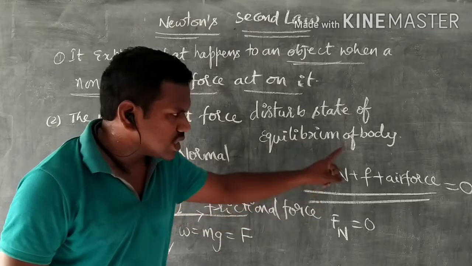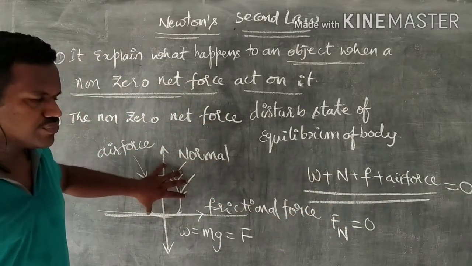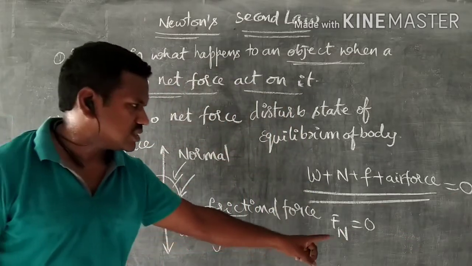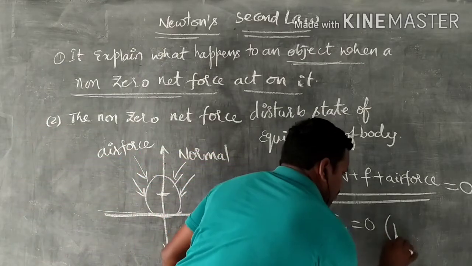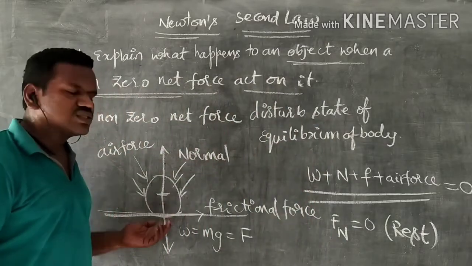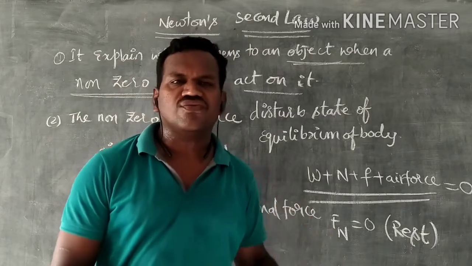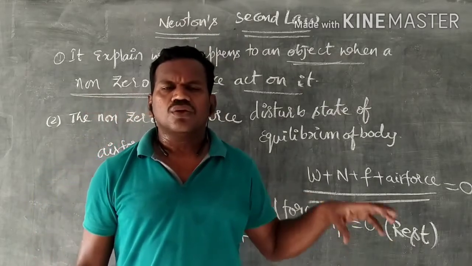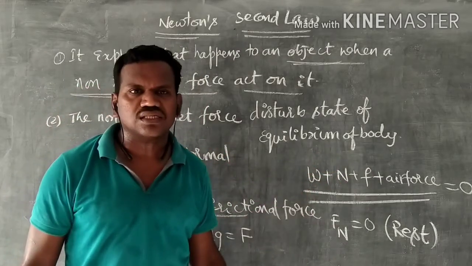If the total of the forces acting on the body is equal to 0, this means F net is equal to 0, and the body will be at rest. This means the body does not move. For example, consider a football on the ground. No external force is acting on it.